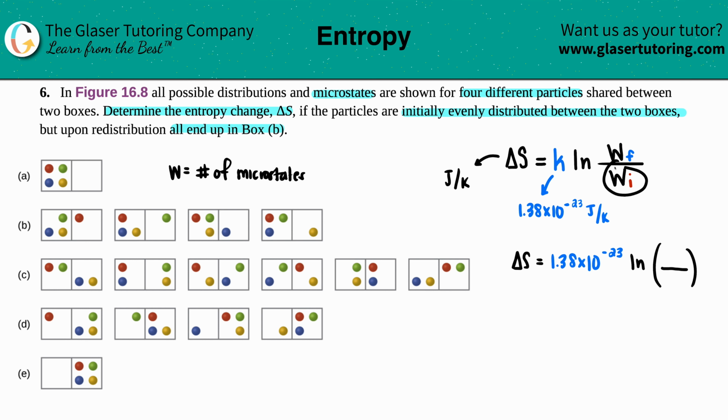Let's see what our initial is. They said that these particles were initially evenly distributed between 2 boxes. In all of these, we have a total of 4 balls, and they are evenly distributed between the 2 boxes. Do you know how many balls are in each box?